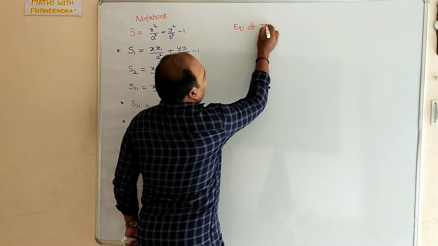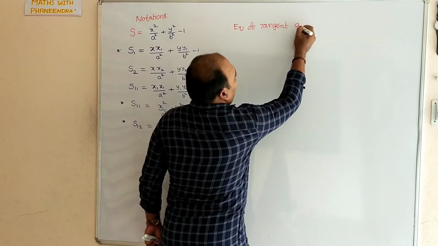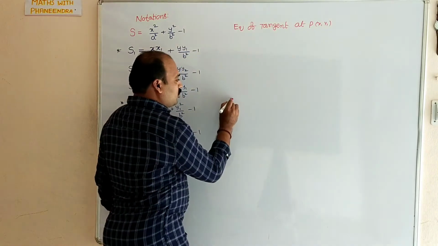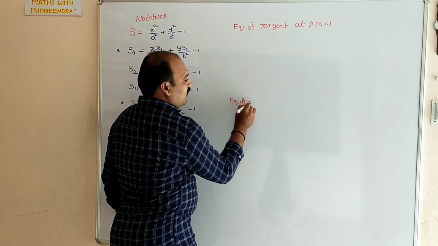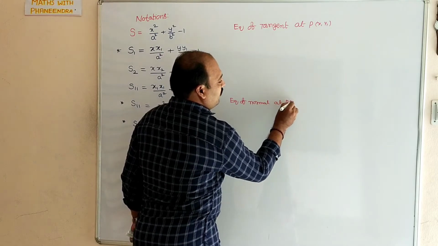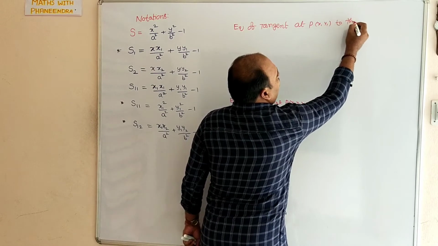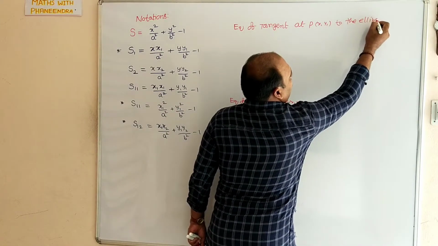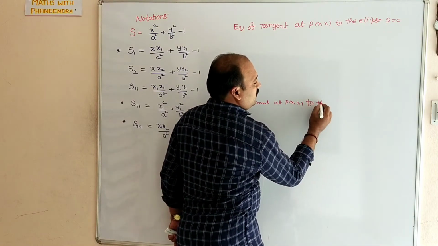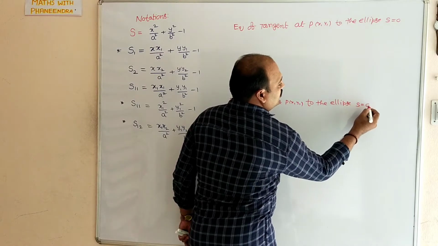Equation of tangent at P of x1 comma y1 and equation of normal at P of x1 comma y1 to the ellipse S equal to 0.